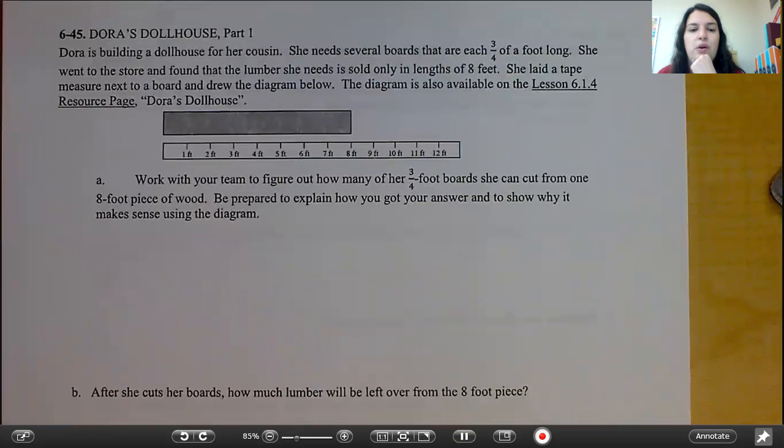A. Work with your team to figure out how many of her 3/4 foot boards she can cut from the 8-foot piece of wood. Be prepared to explain how you got your answer and to show why it makes sense using the diagram.